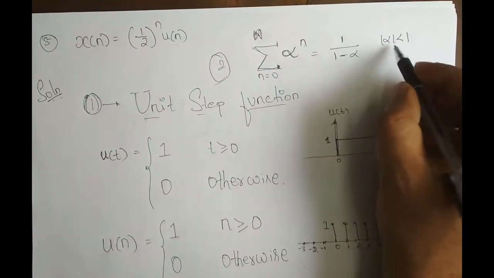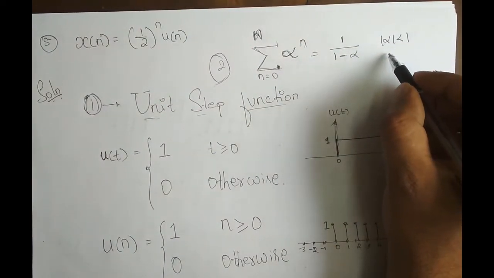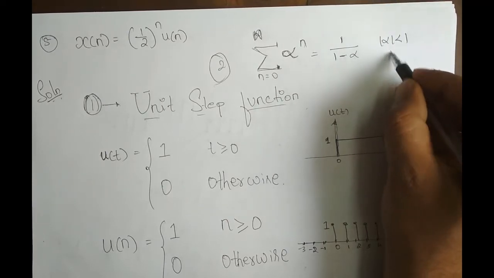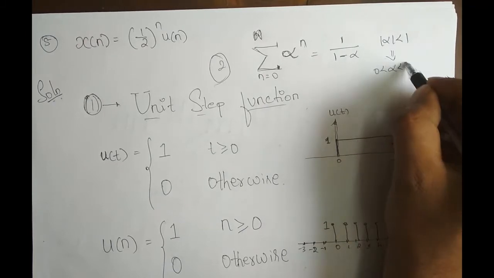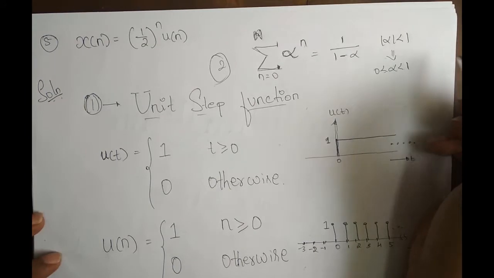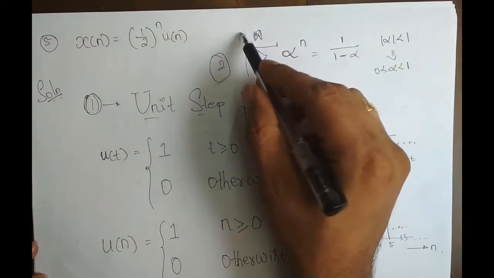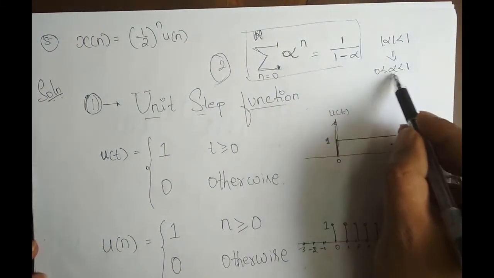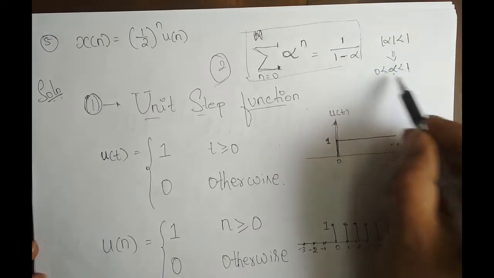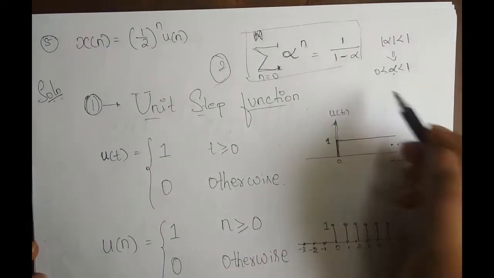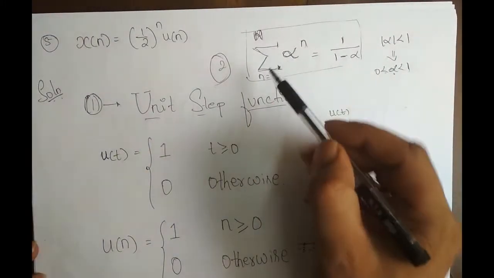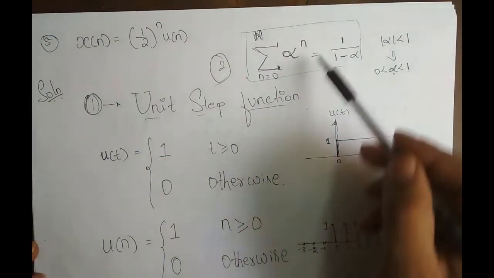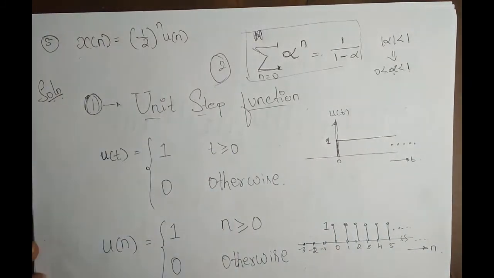If it is confusing, the value of alpha should be in between 0 and 1, greater than 0 and less than 1. This condition holds provided alpha is between 0 and 1. If alpha is 2 or greater than 1, then I cannot apply this formula. So we are going to use these two results to solve problem number 5.